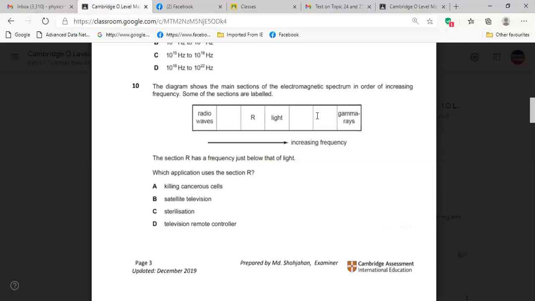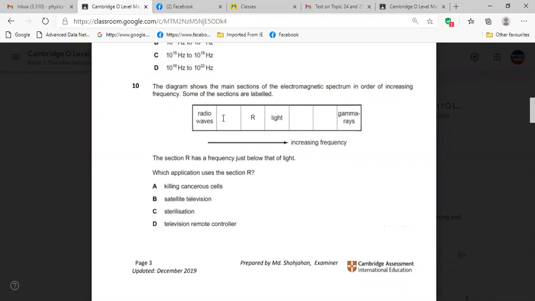So beside violet is ultraviolet, and beside red is infrared. Is it clear, Ravi? Monica also understood.